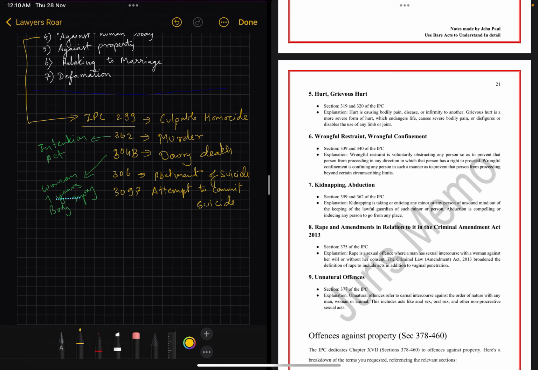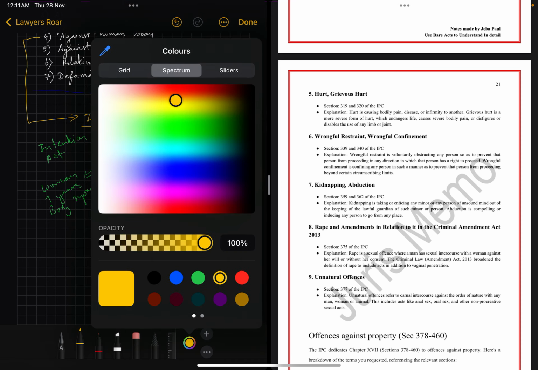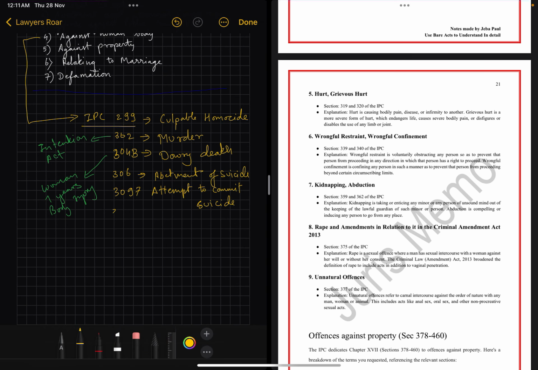Grievous hurt is a more severe form of hurt which endangers life, causing severe bodily pain, or disfigures or disables the use of any limb or joint. Like in a fight, a person is hurting you, and if he breaks your limbs, breaks your hand, that is grievous hurt. Both are dealt under section 319 and section 320.